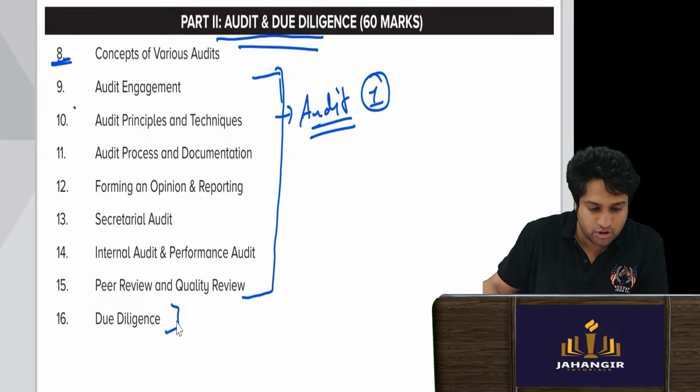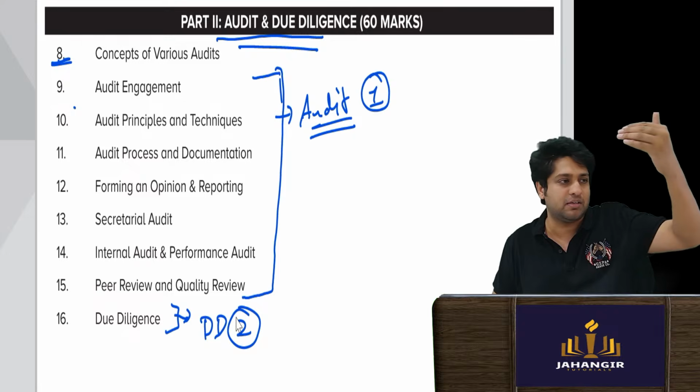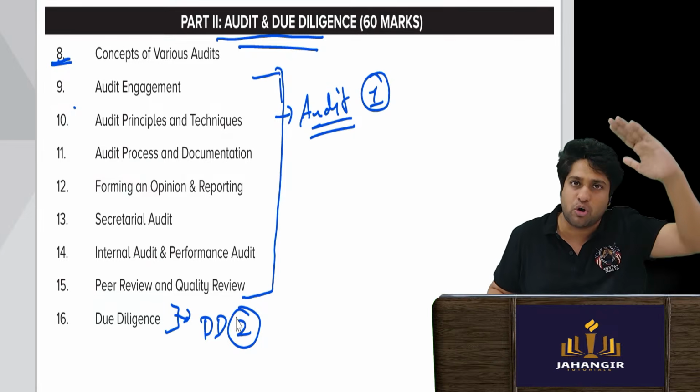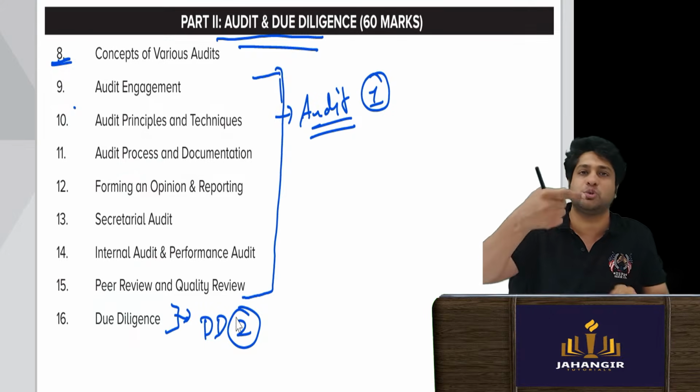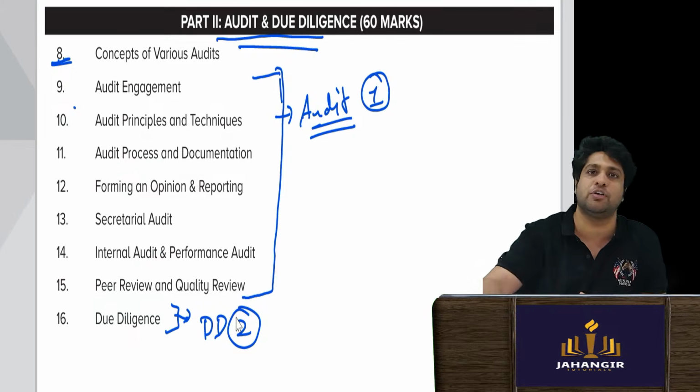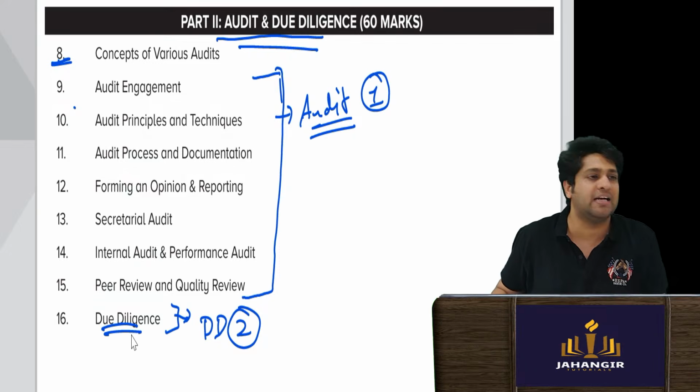Second is your due diligence, that is DD, your part 2. Now lessons 8 to 15 are all correlated. You can complete them all in order, and when you finish one, the next one is a reference of the first one. Due diligence is a completely new topic, and this will be the topic for today's marathon.